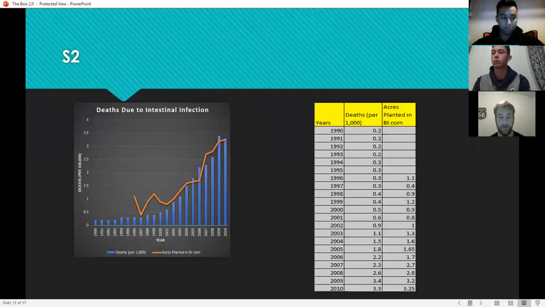There's no denying that there is a correlation. Since we can see that as the BT corn increases so do the deaths, we can assume that there is some cause and effect between the two. And especially since there are over 3,000 deaths, this should be something that is worth investigating by the FDA.